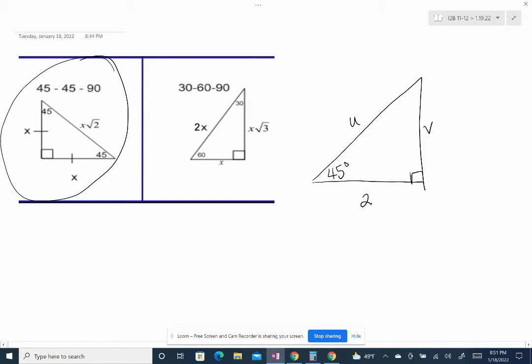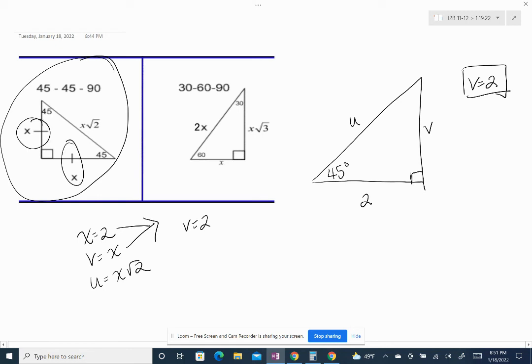Then I know that my X is going to equal 2. I know my V is going to equal X, and my U is going to be X square root of 2. Since V is X and X is 2, I can already tell you that V is going to equal 2 from substitution. That's one of my answers. Makes sense because it's an isosceles triangle, and remember these two legs right here are equivalent.